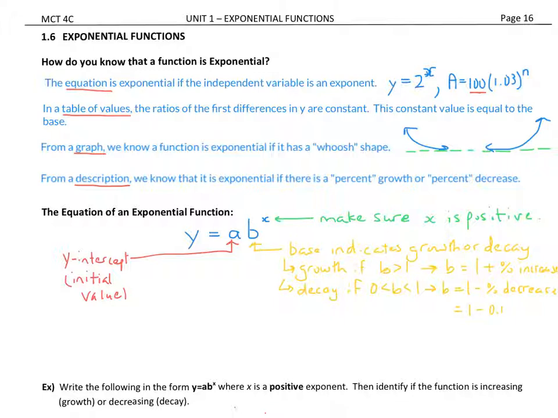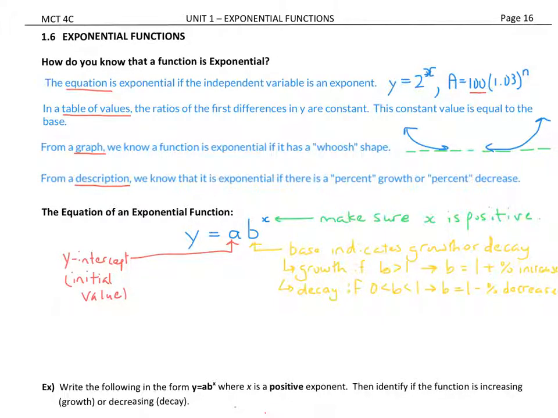So 15%, remember, convert that to a decimal, and that gives you 0.15. So your base ends up being between 0 and 1, 0.85. But that's just an example there. You don't need to include that in your notes. I'm just going to erase it.